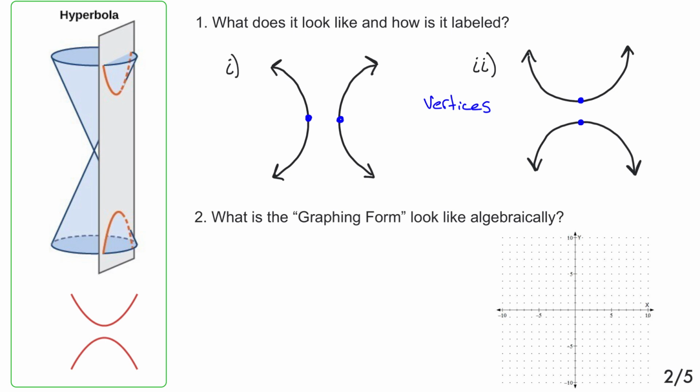Now there is an axis that runs through the vertices, and we denote that axis with a dotted line. The mathematical name of this axis is the transverse axis.